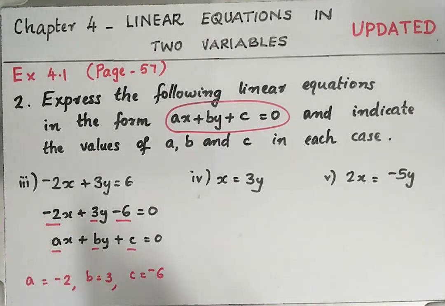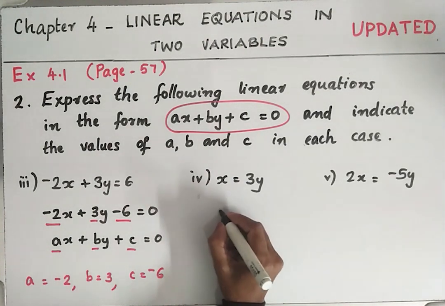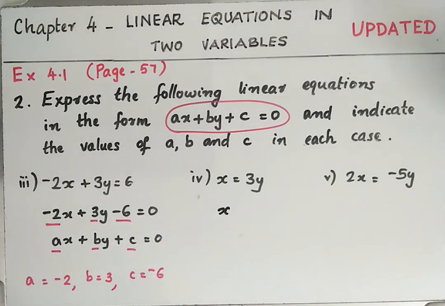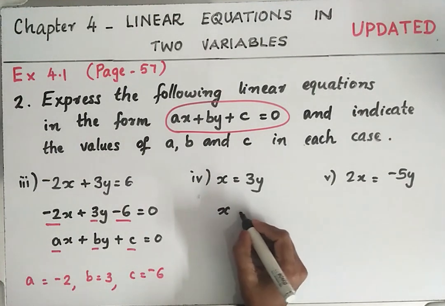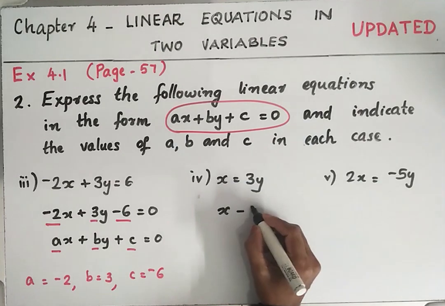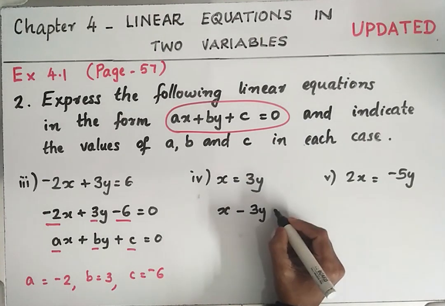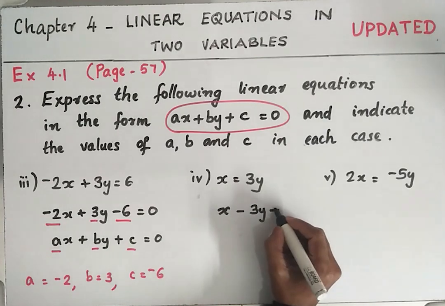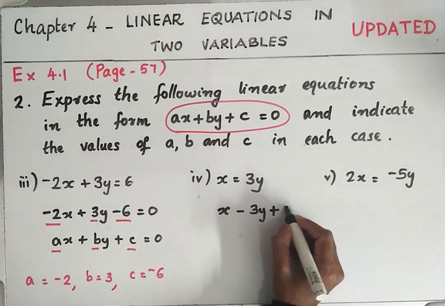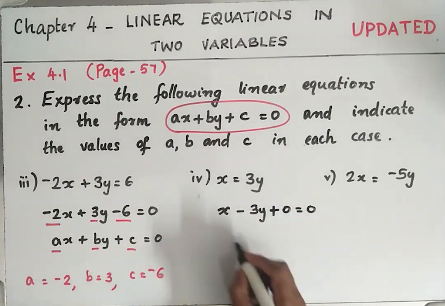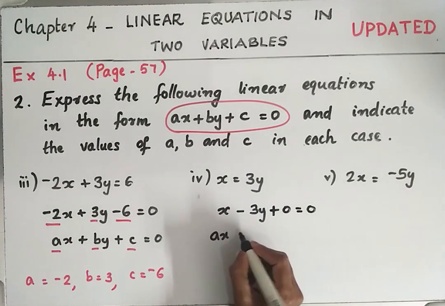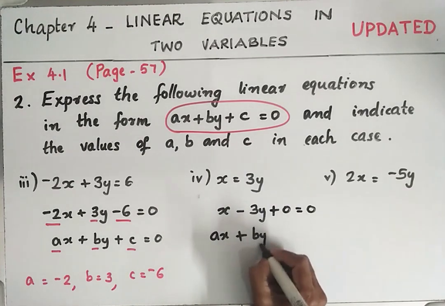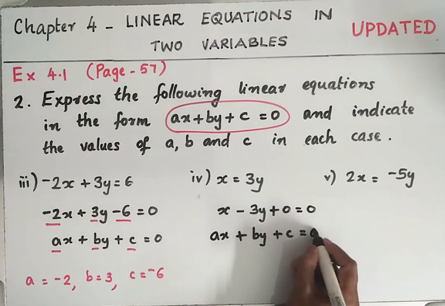Move to the next one. So here variable x term is in the left side and y term is in the right side of the equal to sign. So we have to transform that y term to the left side and constant term is 0. So we can rewrite it as plus 0 equal to 0 because it is in the form of ax plus by plus c equal to 0.